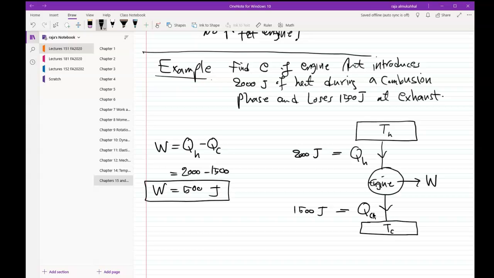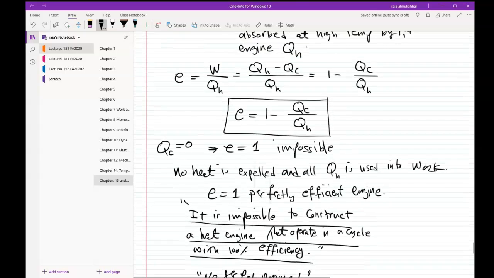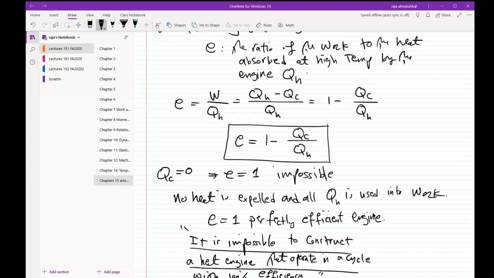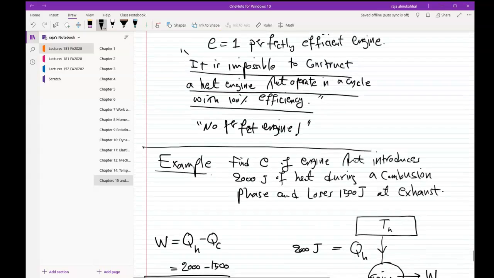Now he's asking for the efficiency. We have two formulas to deal with, and you can pick whichever you want. I can either use this one since I have the work already, or I can use the other one. It really doesn't matter, you'll get the same answer. Let me use the second one.